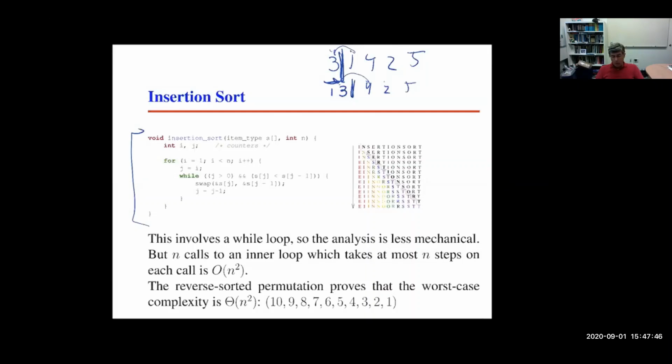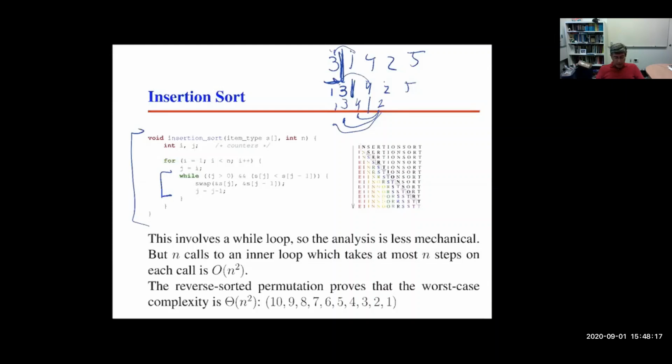For a 2, once we are faced with 1, 3, 4, we have to compare the 2 with the 4, then with the 3, and then with the 1 to decide where it actually ends up, okay? So this inner loop is now a while loop. And this thing might go around only once.